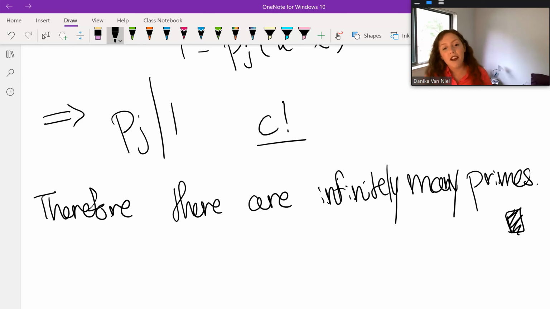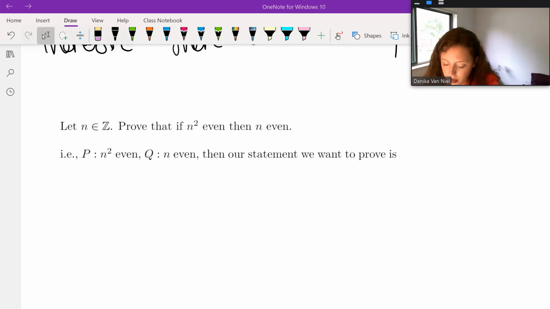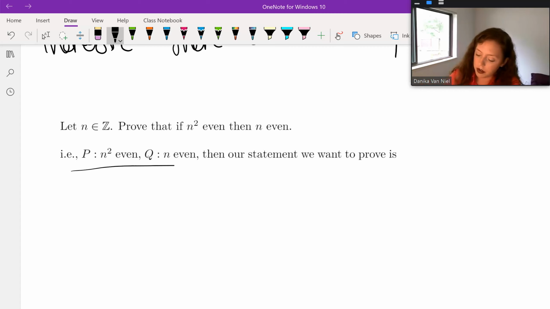All right, so now let's look at a problem that is doable for this point of the class. Let n be an integer, prove that if n squared is even, then n is even. If you would like to write it in statement form, this is how you can do it.